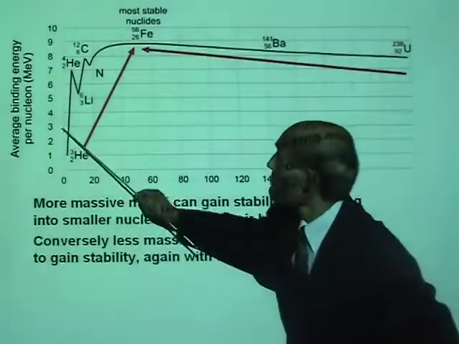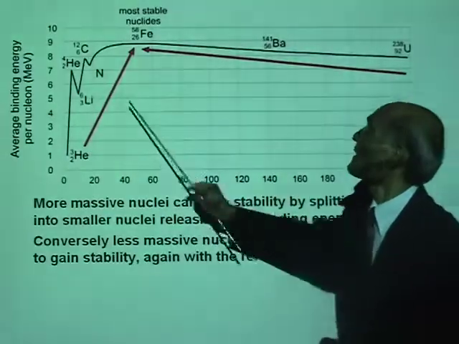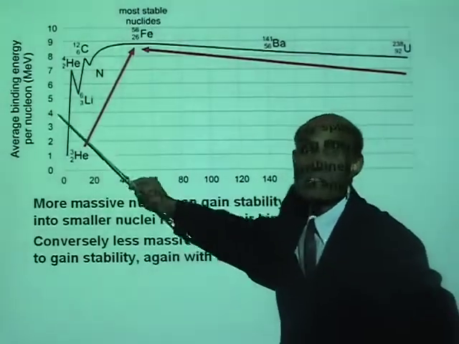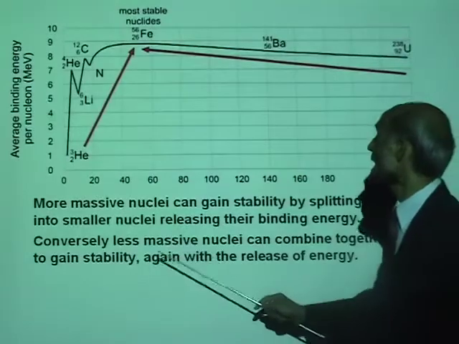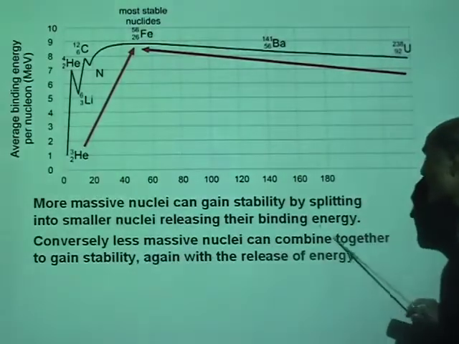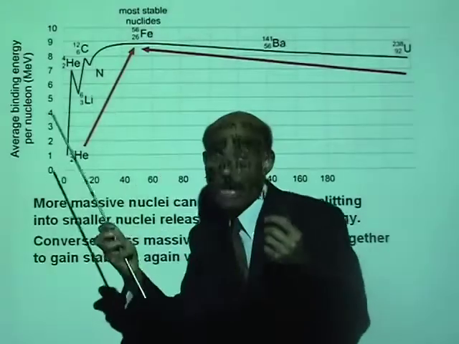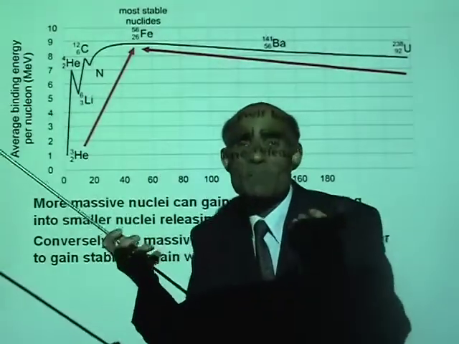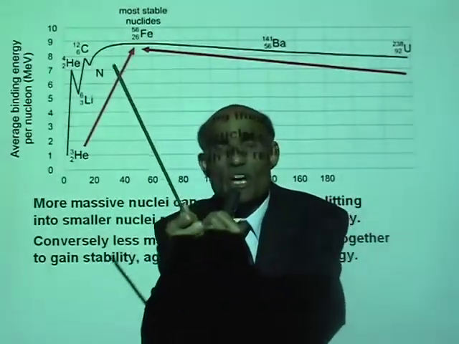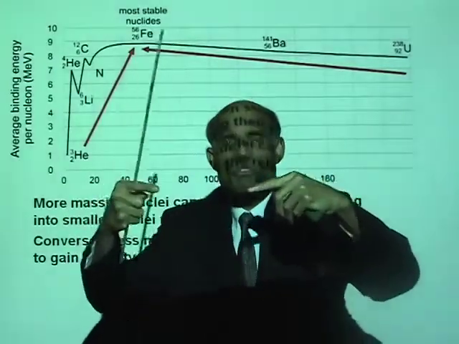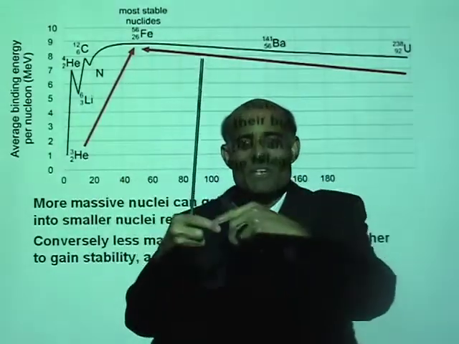Conversely, less massive nuclei, that is lighter nuclei to the left, will gain stability by combining together. And the process of lighter elements combining together is called nuclear fusion.